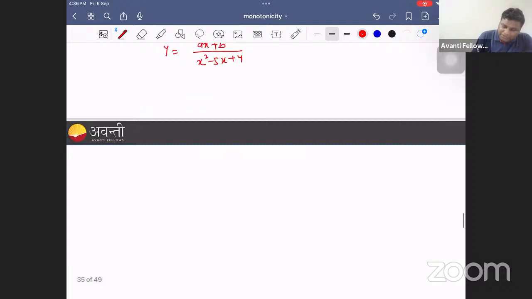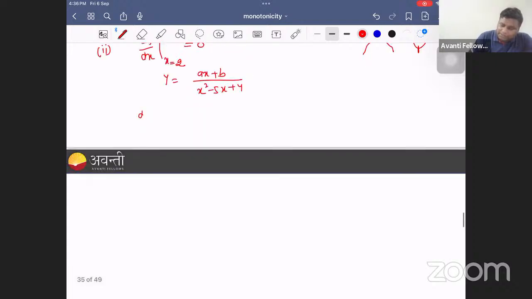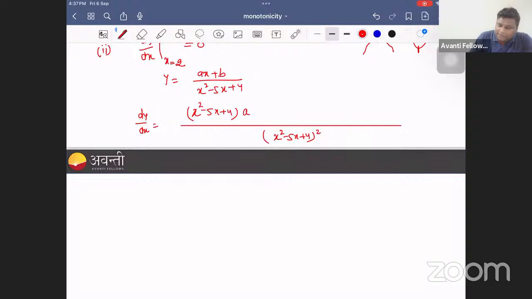So dy/dx is the square of the denominator, then denominator times the derivative of the numerator, a, minus the numerator times the derivative of the denominator, 2x minus 5.